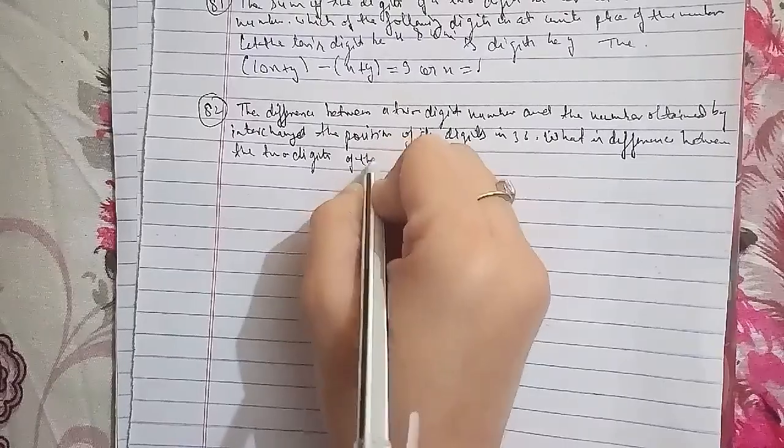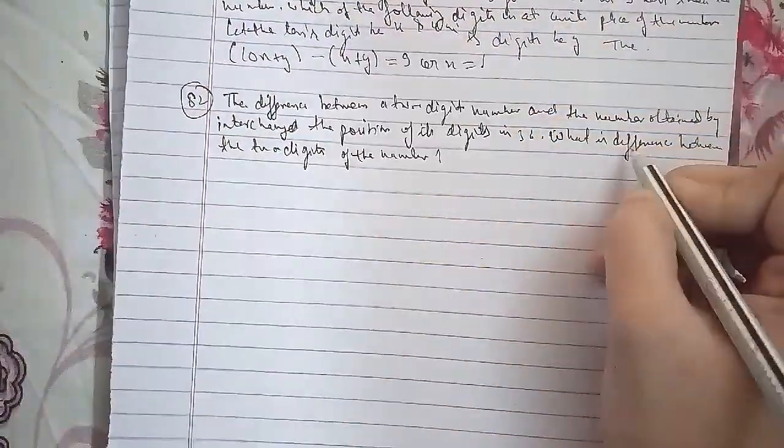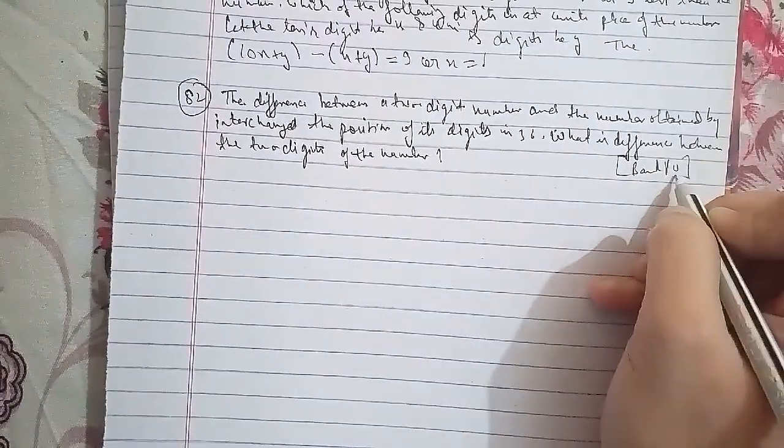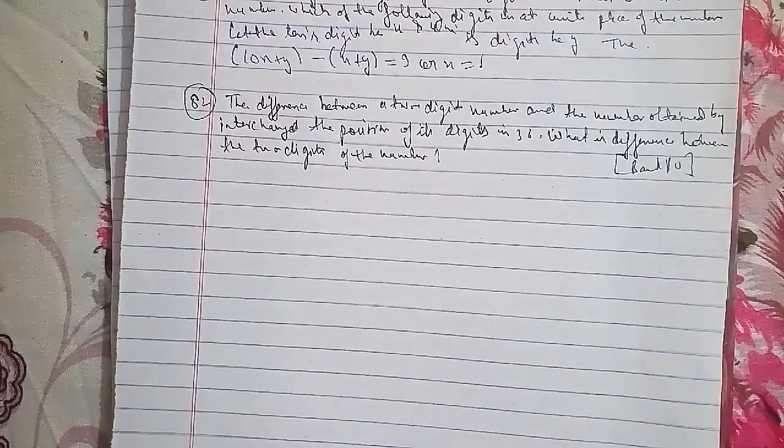This has been asked in your bank PO question paper as well. That is also an important one here. The options we have are 3, 4, 9, cannot be determined, and none of these. So go ahead with the solution for the same.